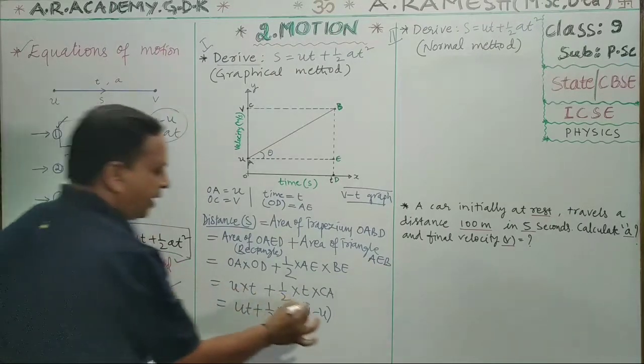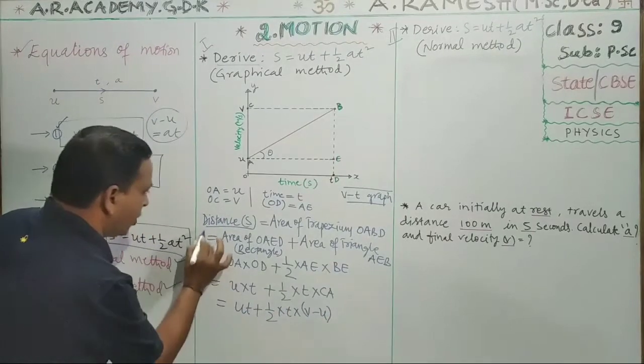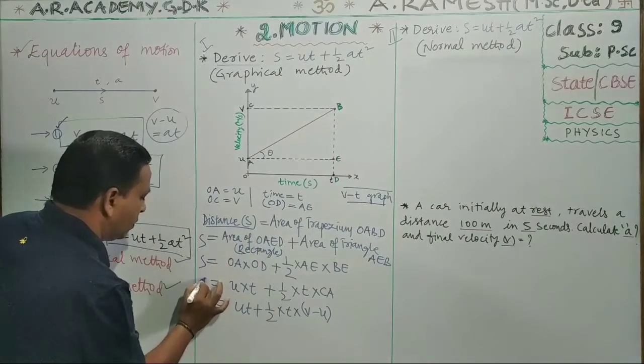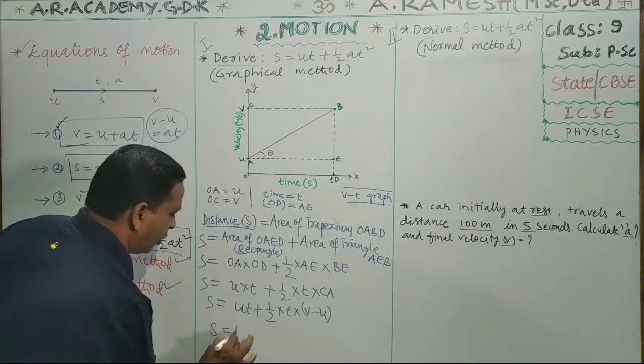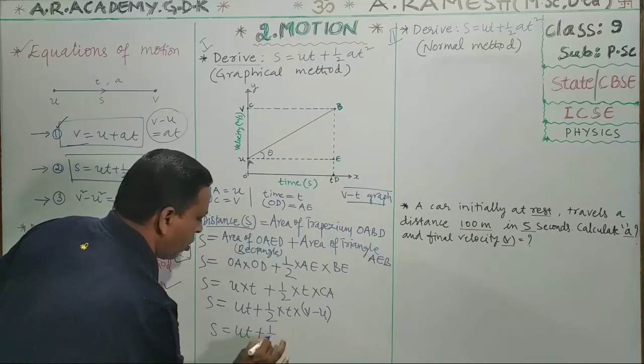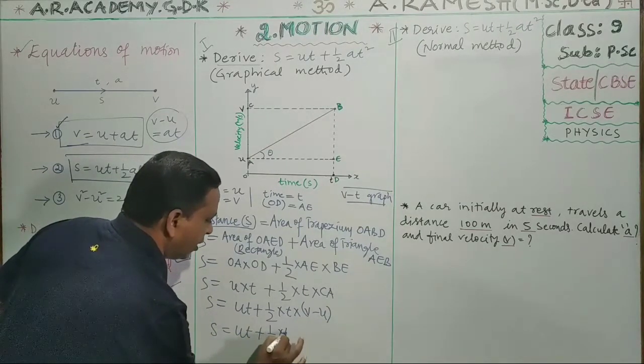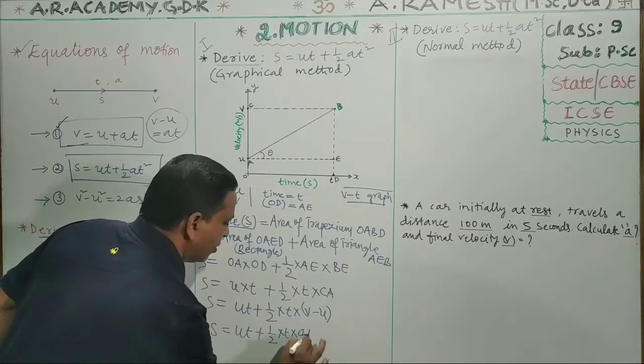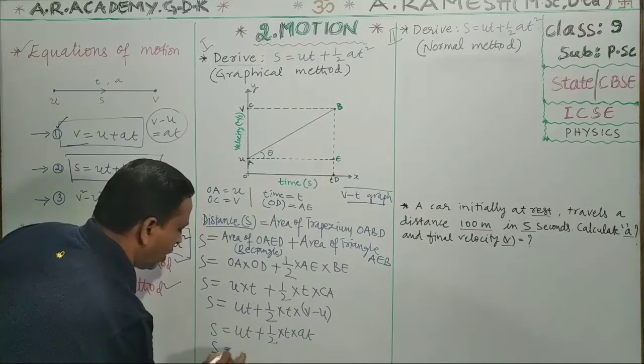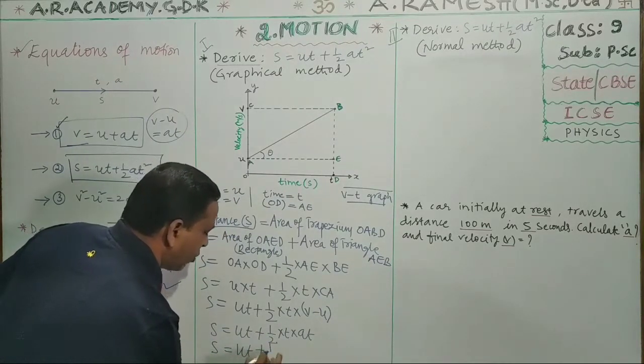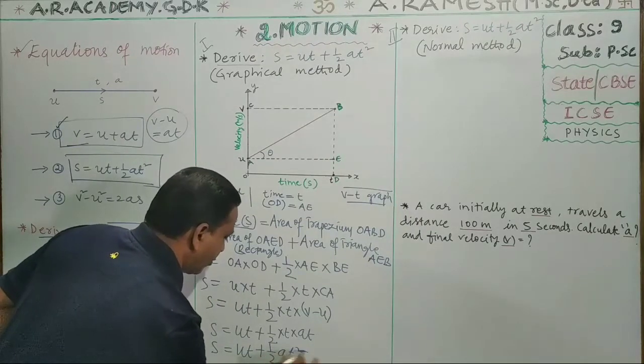Substituting AT, the distance S equals UT plus half into T into AT. Means S equals UT plus half AT square.